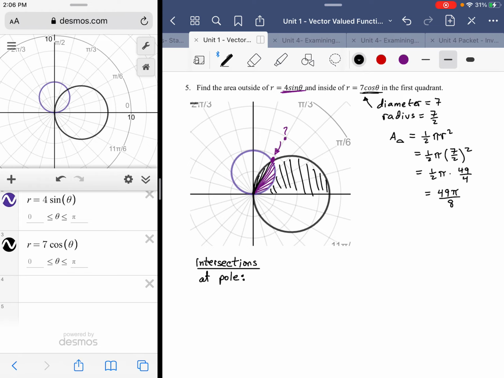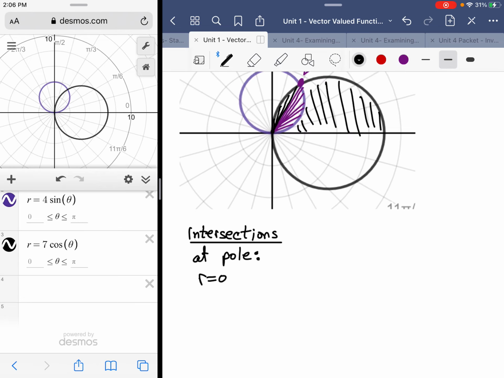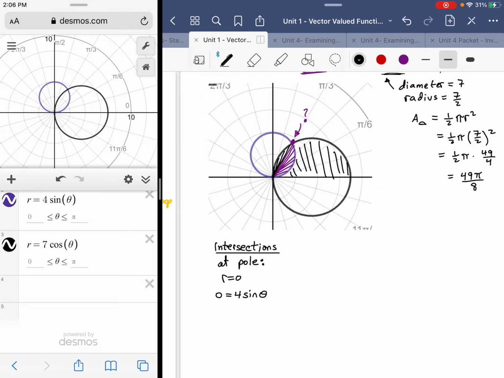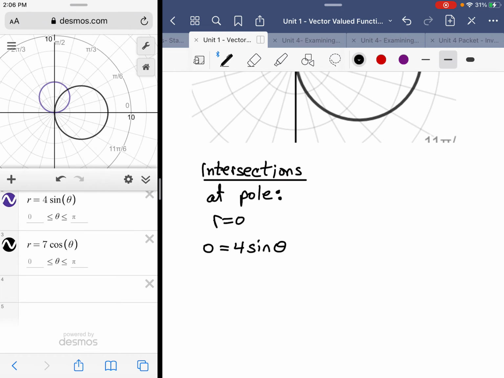That's where r is equal to 0. So I could set each of my equations equal to 0. So I have 0 equals 4 sine of theta. The other one's 7 cosine, right? And 0 equals 7 cosine of theta.